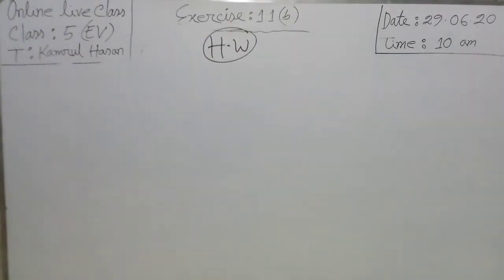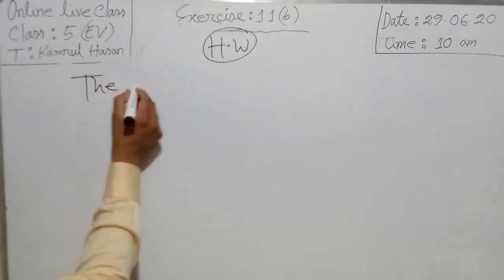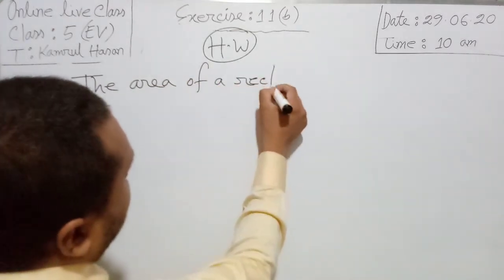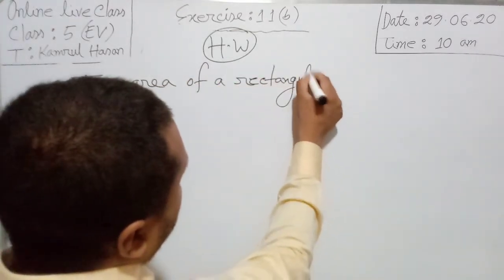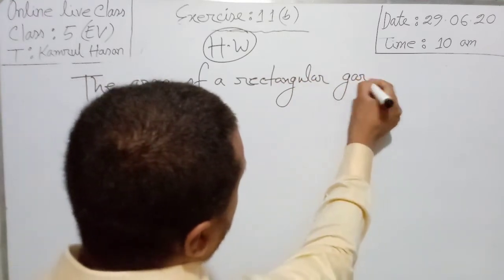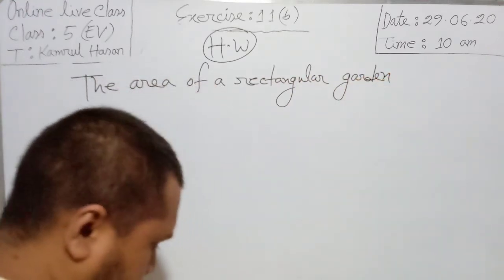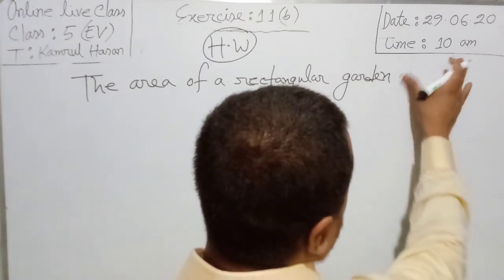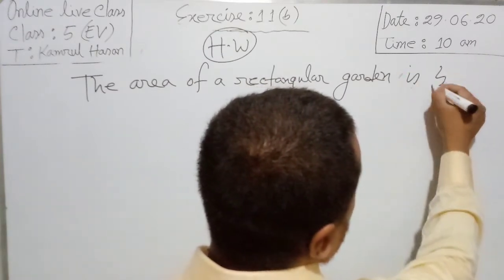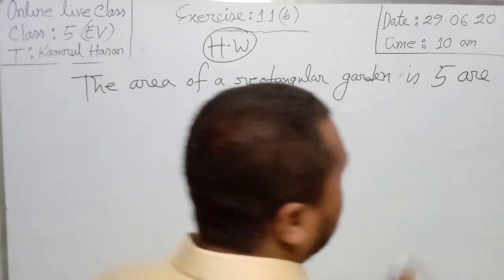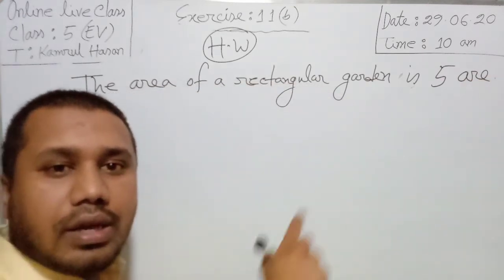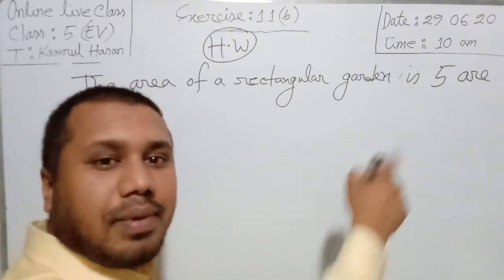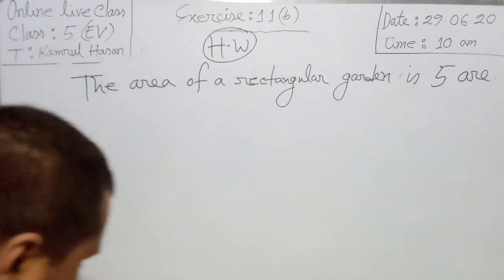Now dear student, write a homework. The area of a rectangular garden is 5R. And we know what is the meaning of R? 1R equals 100 meter square. So 5R, that means 500 meter square. Good.